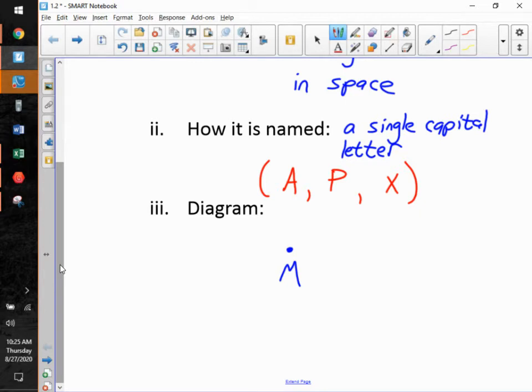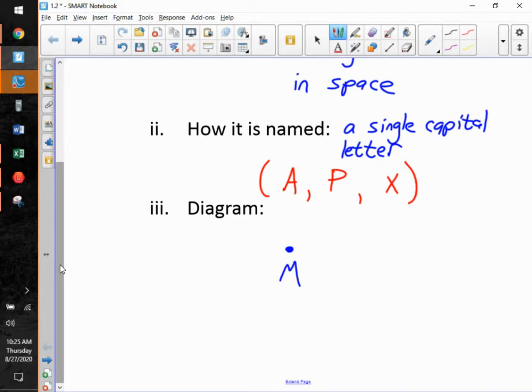Now, one thing that we should point out is when we drew this dot right here, we obviously had to draw it big enough so that we could see it. Otherwise, what would be the point? But it's important to understand that what I just drew right there isn't technically correct. What I drew there has a size to it, and a point is so infinitesimally small, there's a fancy geometric word for you, that it actually doesn't take up any size and it doesn't have any area.